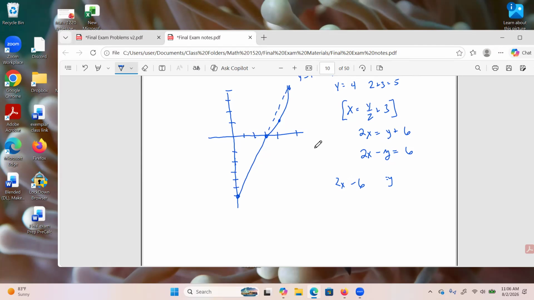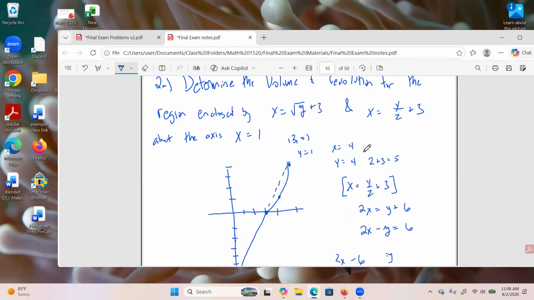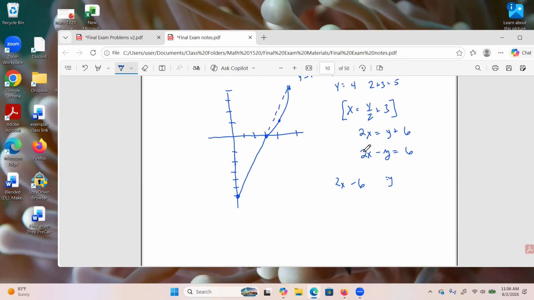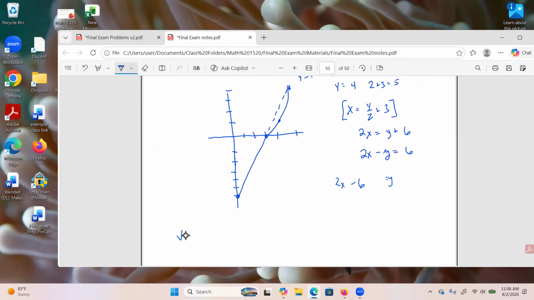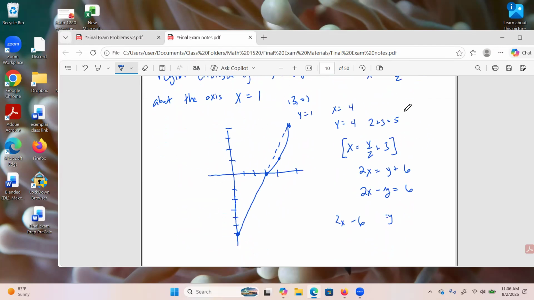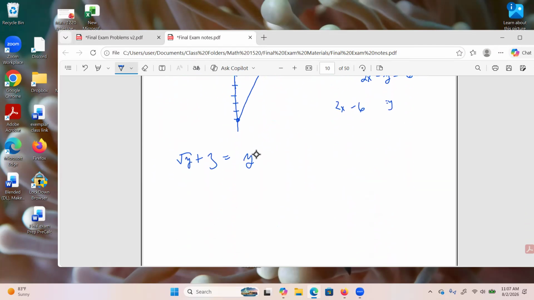It looks like I have a point here, but let's not trust my drawing. Let's set the functions equal to each other to see exactly what's going on. We have the square root of y plus 3 equal to y over 2 plus 3. The 3's will cancel, so we have 2 square root of y equal to y.